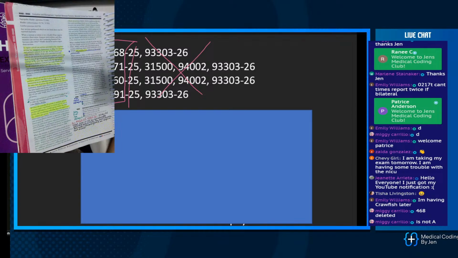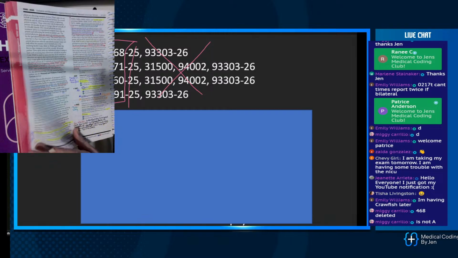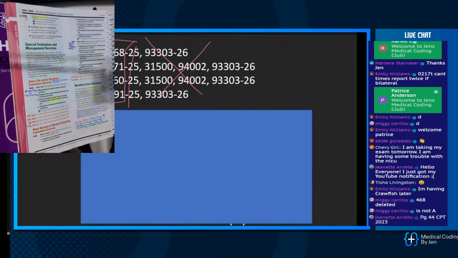60 is admit hospital, newborn, and 91 is critical care for ages 6, I think, years plus.